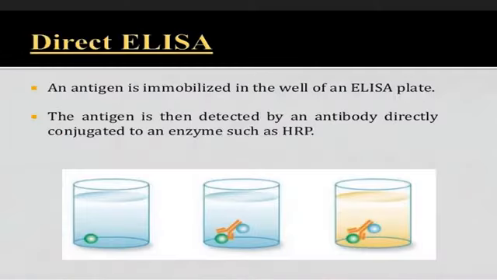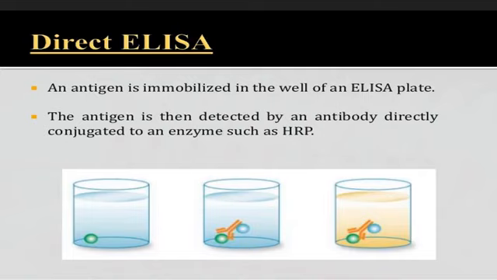In the direct ELISA technique, an antigen is immobilized or coated on the wells of an ELISA plate, as shown here. Then this antigen is detected by enzyme-linked antibodies, with enzymes such as horseradish peroxidase or alkaline phosphatase. If we add the substrate, which detects the antigen-antibody binding, the color will develop.